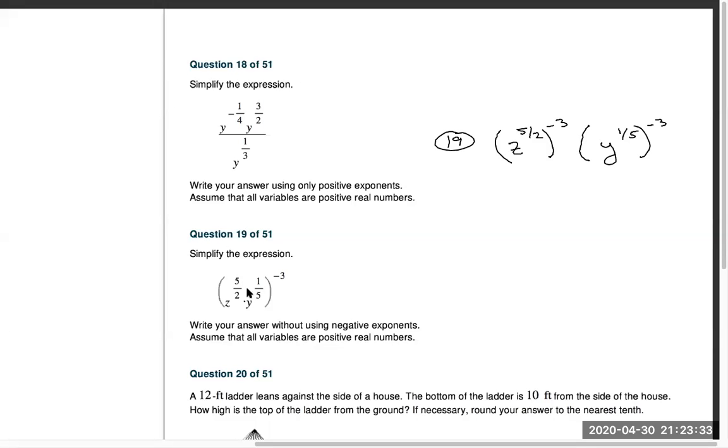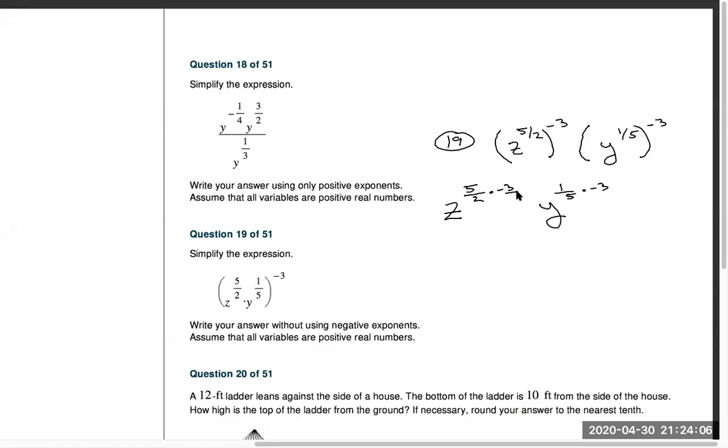Okay, so you can split these. What I would suggest from here, you're not going to write your answers with negative exponents, but you can go ahead and multiply your exponents out first. We have z to the 5/2 times negative 3, and then we have that multiplied by y to the 1/5 times negative 3.